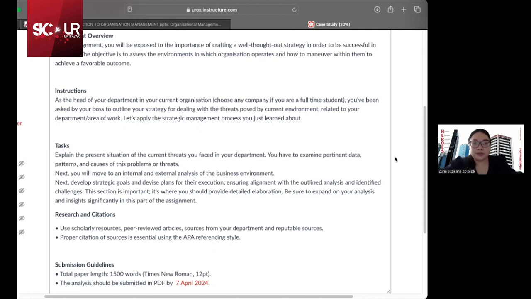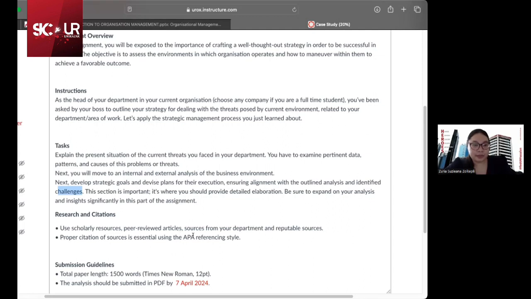And then use your strength to combat these threats that you have. Okay, so focus more on the challenge because this section is important, where you should provide detailed elaboration. Okay.